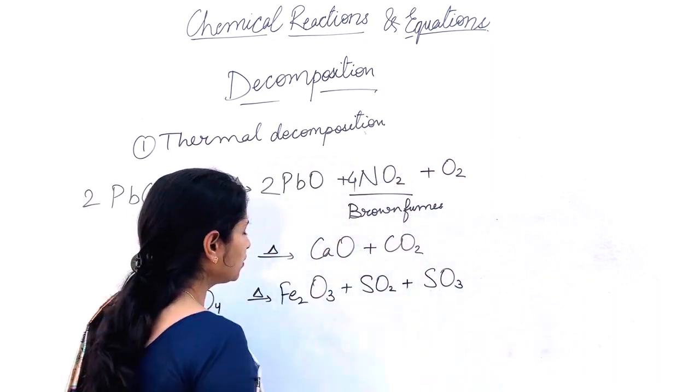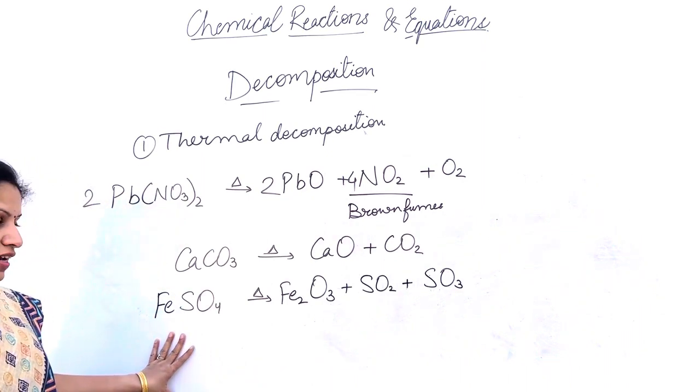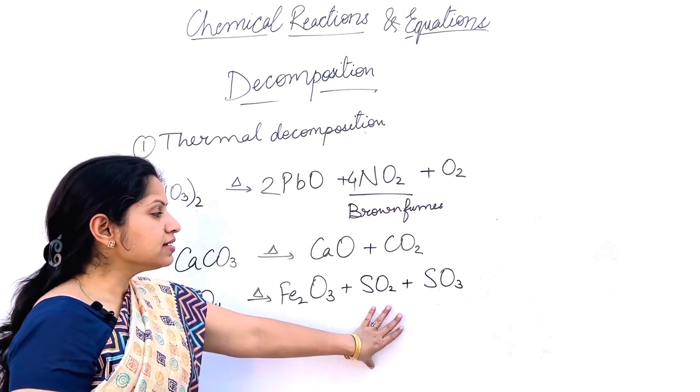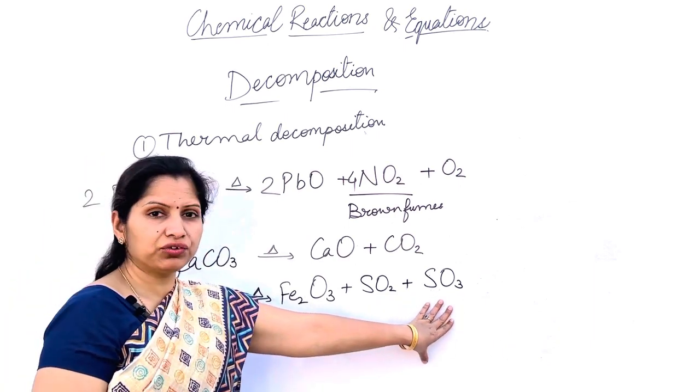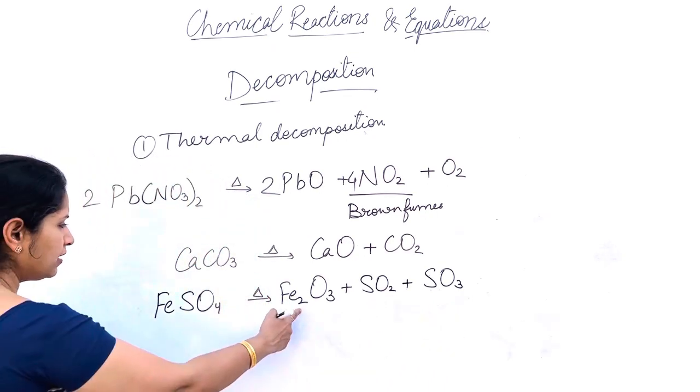So if you start heating ferrous sulfate, FeSO4, you will get Fe2O3, ferric oxide, sulfur dioxide and sulfur trioxide. Okay, we can balance that if we want.